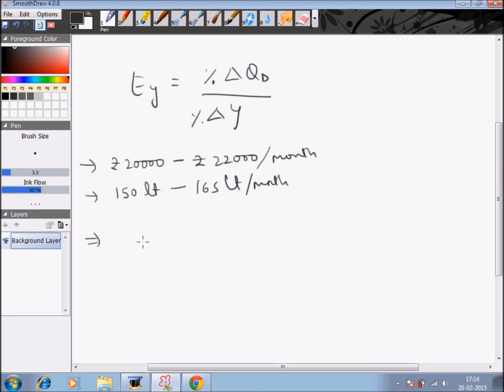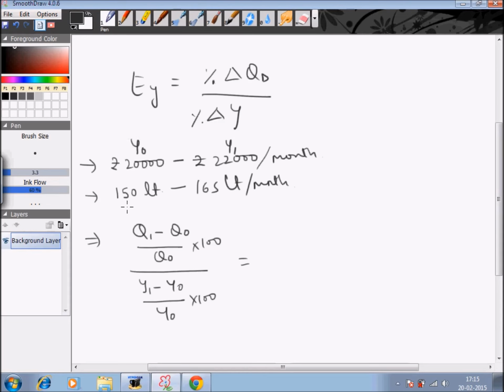Now in order to calculate the income elasticity of demand, we do it like this: Q1 minus Q0 upon Q0 into 100, divided by Y1 minus Y0 upon Y0 into 100. Now substituting the values, we get this. The initial income of the consumer was rupees 20,000 and the final income is 22,000. So 20,000 is Y0 and 22,000 is Y1.